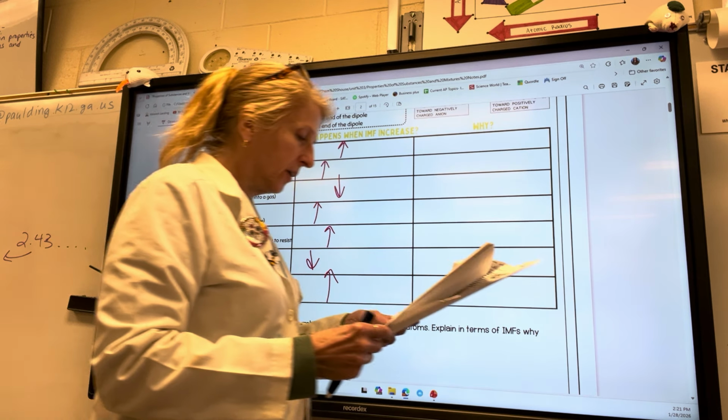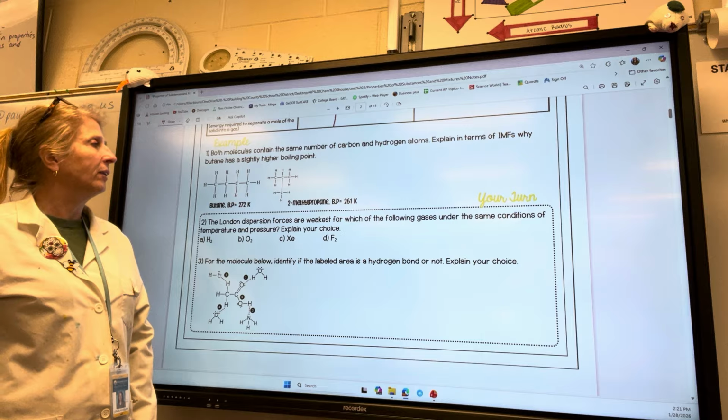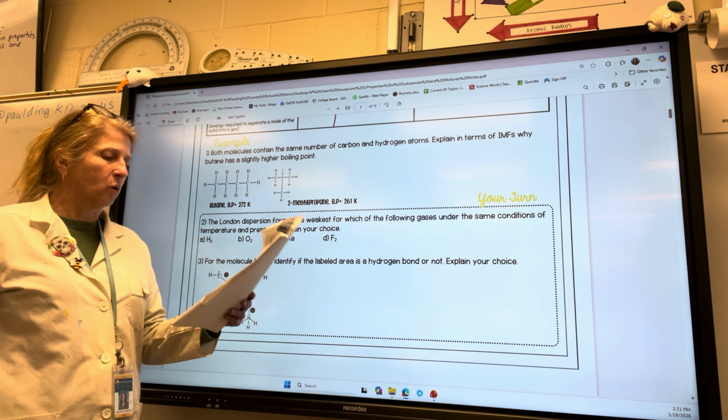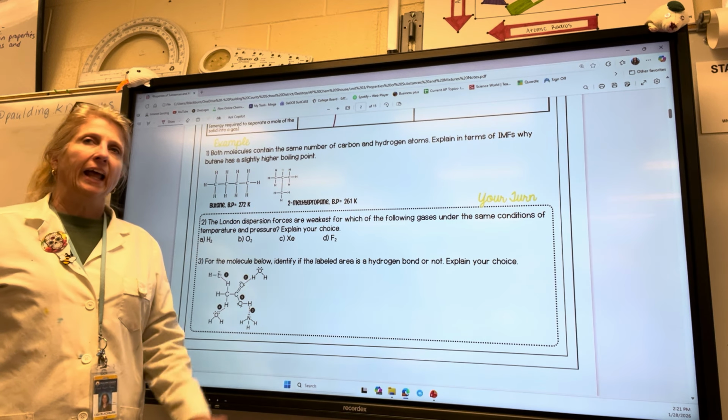So they told us that butane has a higher boiling point, therefore we know it has higher intermolecular forces. Can we say why? Why do you think butane has more intermolecular forces than 2-methylpropane? Any guess?